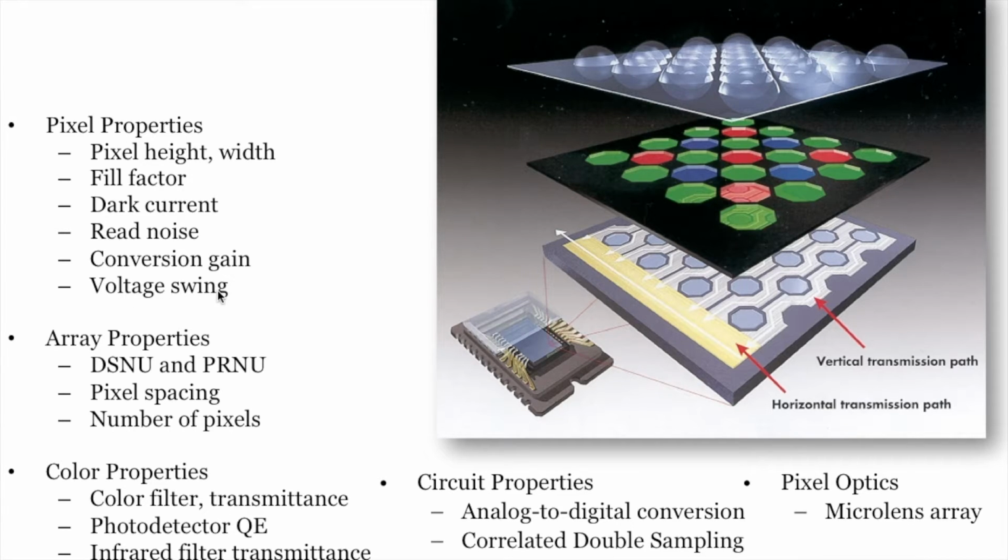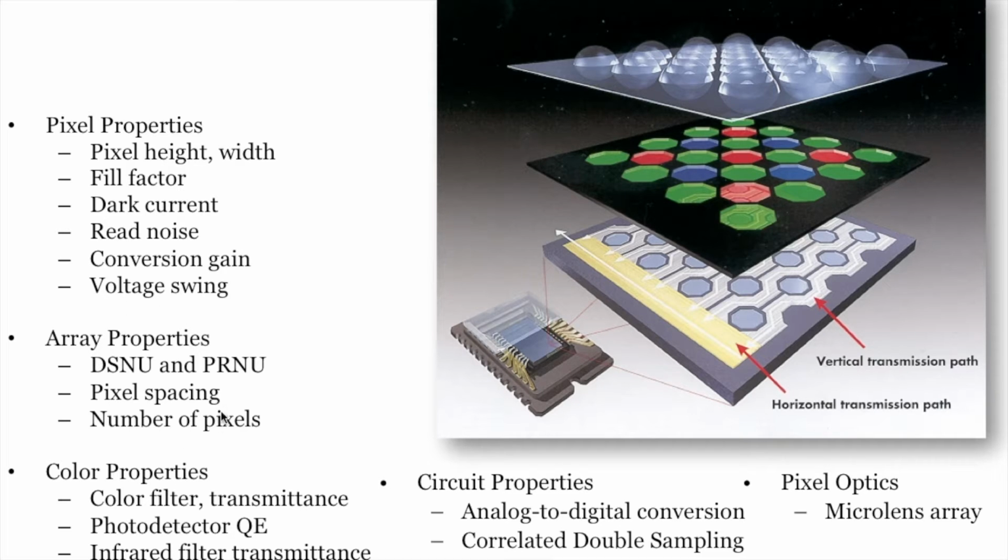There's only so many electrons that you can hold in a pixel, so that limits how many electrons. That's sometimes called the well capacity, but here I represent it by converting the electrons to voltage. You can also call it the voltage swing of the pixel, and these can be a volt or a little less. It depends on the size of the pixel and how big the capacitors are.